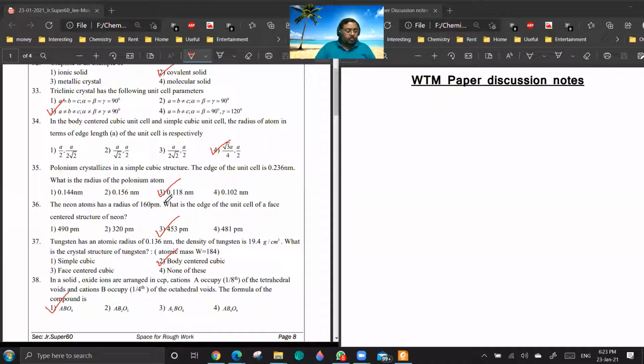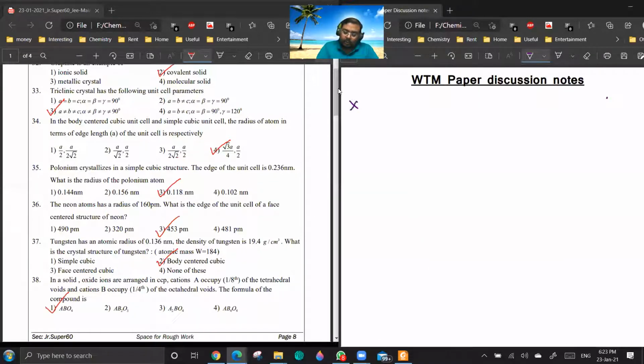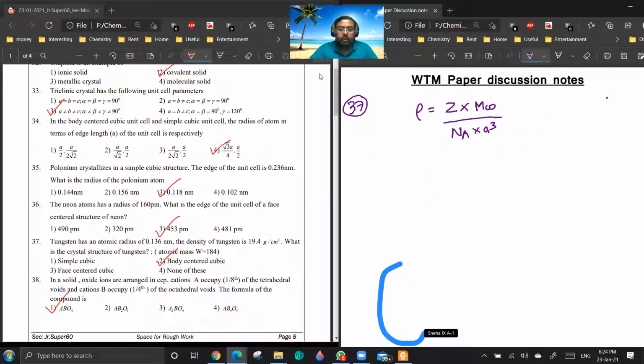So 37 is basically based on the density equation which I have discussed in the class. What is the density equation? Can you tell me? That is rho is equal to Z into molecular weight M by Avogadro's number into a cubed.